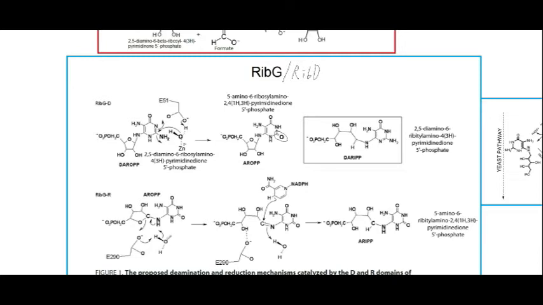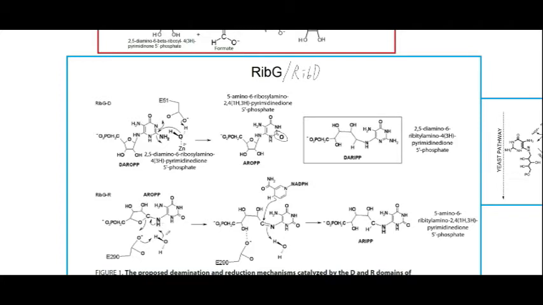And so then the reduction step is actually going to use, well, it's using another water right here. So this shows the water deprotonating this nitrogen here. It's possible that it could be this glutamate 290 deprotonating that.